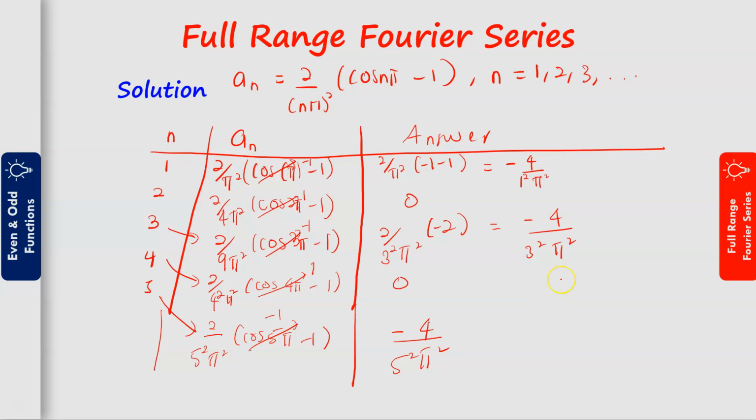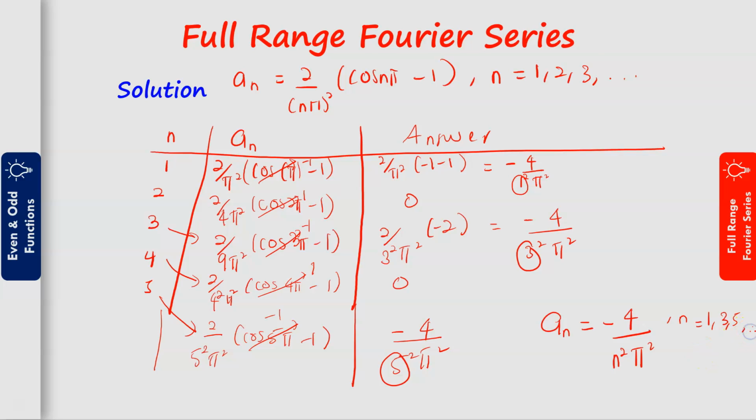To conclude here, for our an, we will have an equal to, if you see, n to the power of 2, n to the power of 2, and n to the power of 2. To make it general, an equal to negative 4 over n square pi square, because this one is n, so we can write as n square pi square, for n equal to 1, 3, 5, and so on.